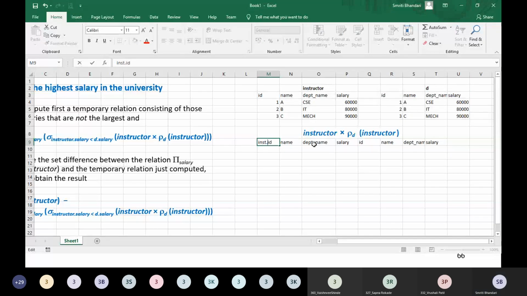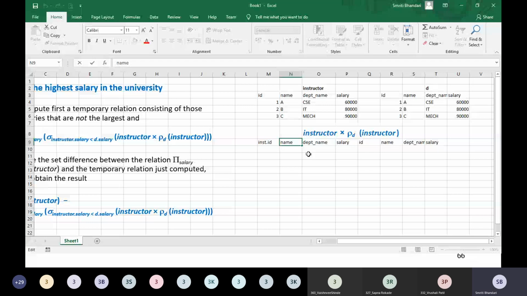So I am having here all attributes: instructor.id, instructor.name, instructor.department name, and instructor.salary.